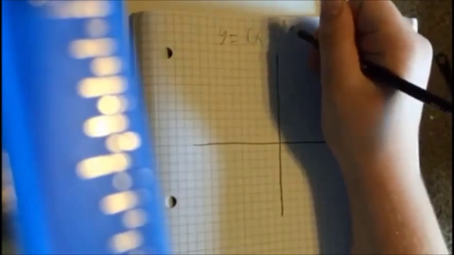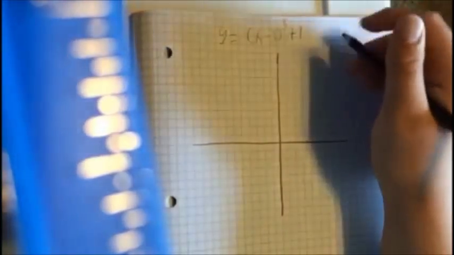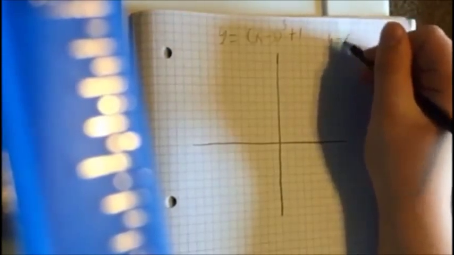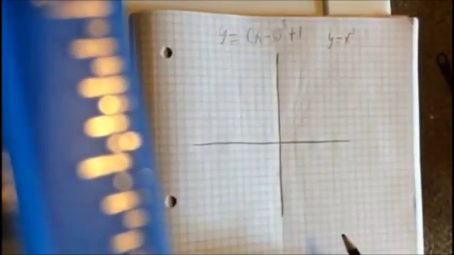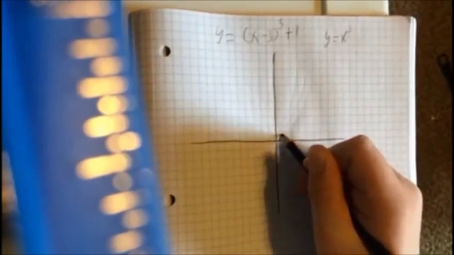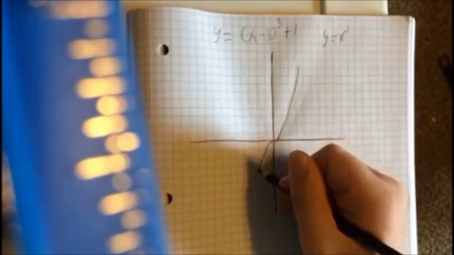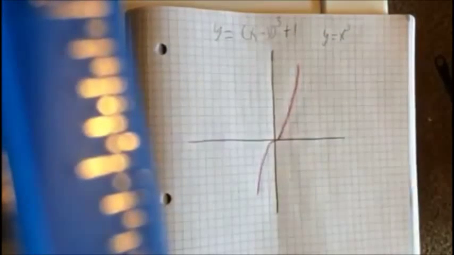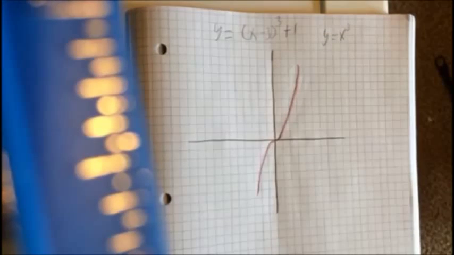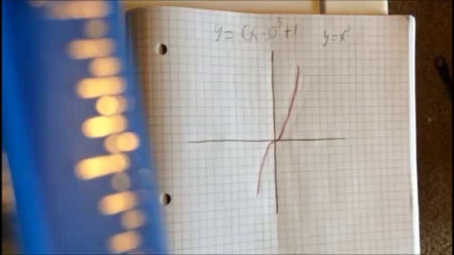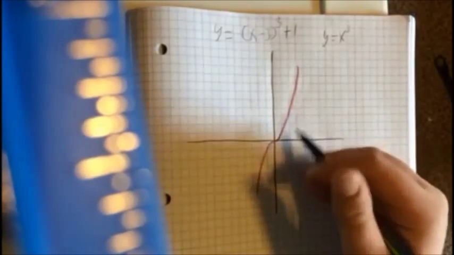The equation is y equals the quantity of x minus 3 cubed plus 1. The parent function of this is y equals x cubed. The first thing that must be done with this specific equation is shifting right 3.